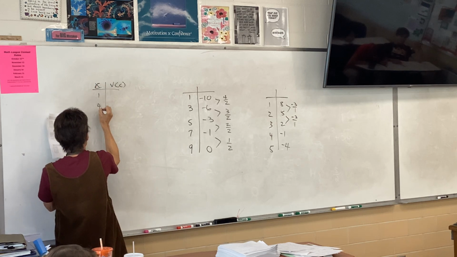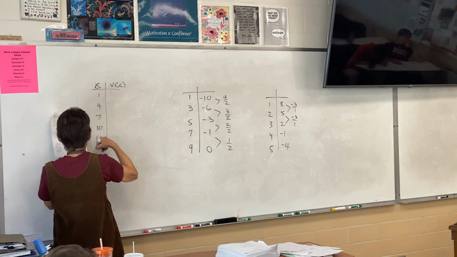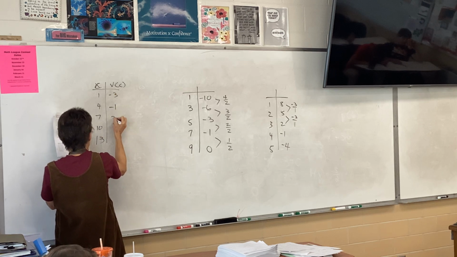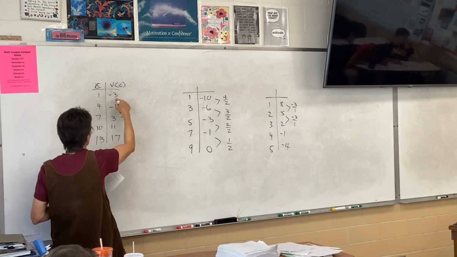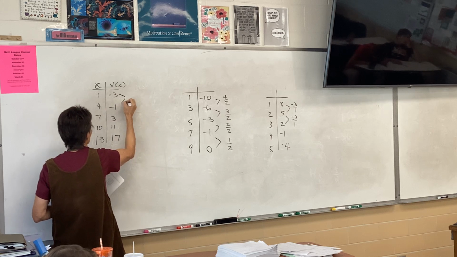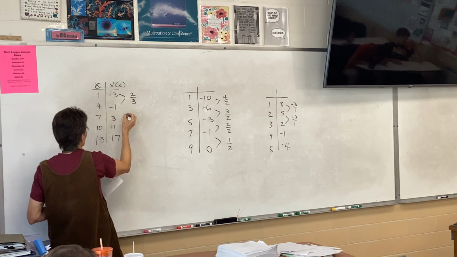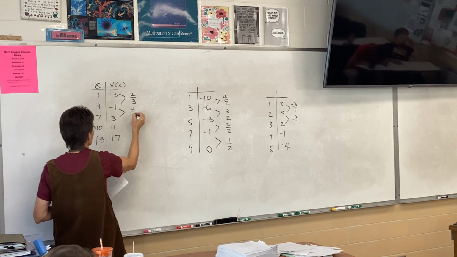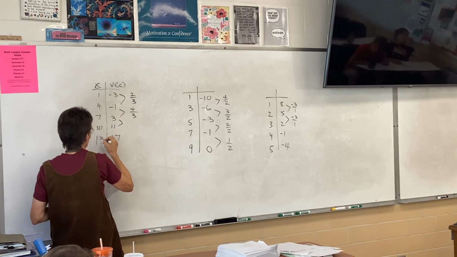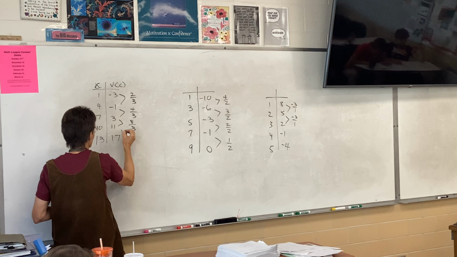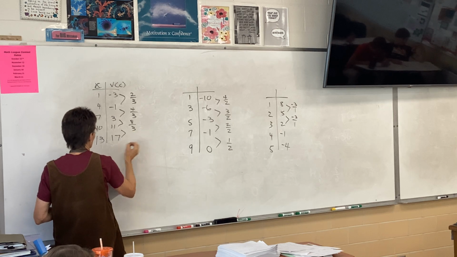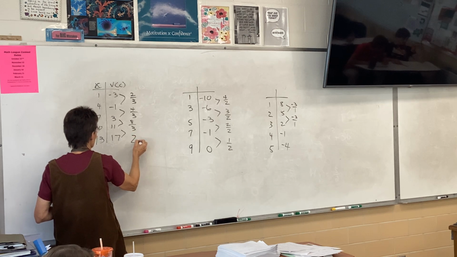So 1, 4, 7. Okay, got nice x's. All right, so here my rate of change would be 2/3. Here it would be 4/3. Here it would be 8/3, and here it would be 6/3.